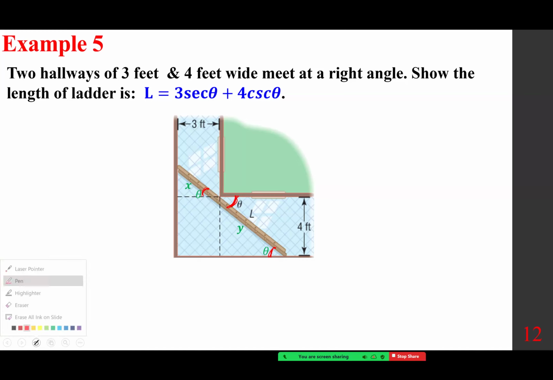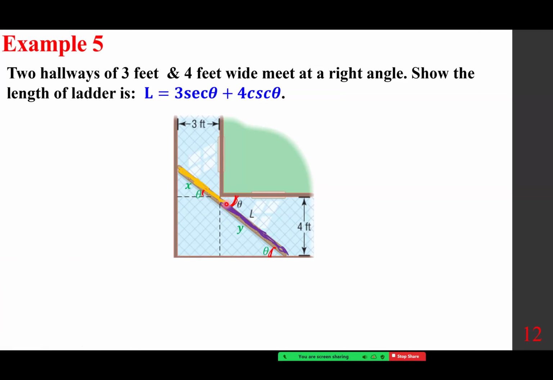And now we are going to say this distance is x, and this distance is y.